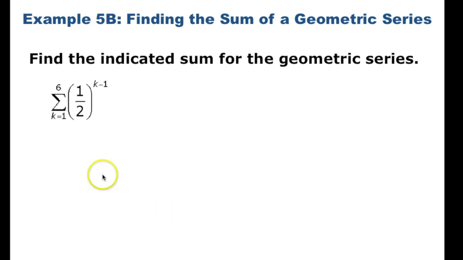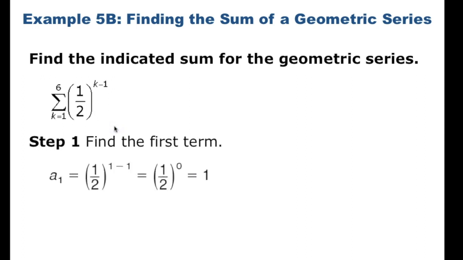Another way to write this, rather than just S sub n, is our sigma notation. We've used this before. Sigma means sum of the series, and this is the lower limit 1 and the upper limit 6. That's actually 1 through 6. So first of all, we must determine the first term. So we plug a 1 in here. We get 1 minus 1 is 0.